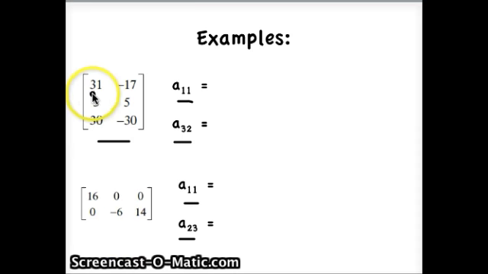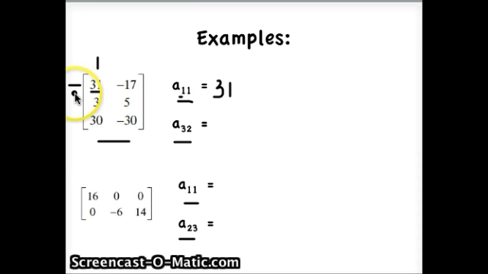Okay, you should have paused your video and filled in the A11 and A32 for this matrix. Let's go over it. So A11 would be first row, first column. So our first row is here and our first column is here. So the variable we're looking for is 31. So 31 should have been your A11 for this matrix.